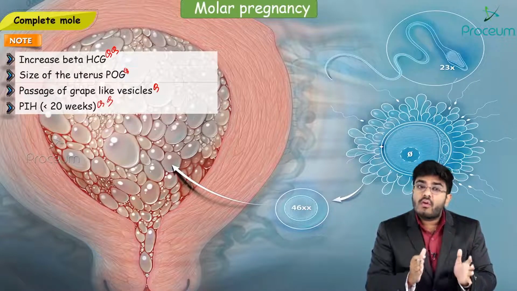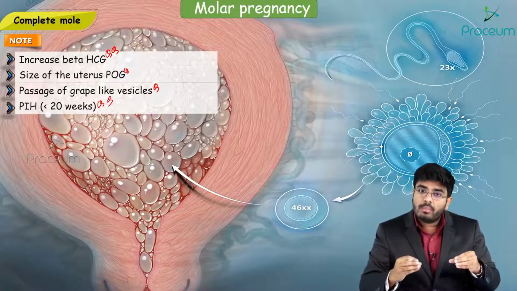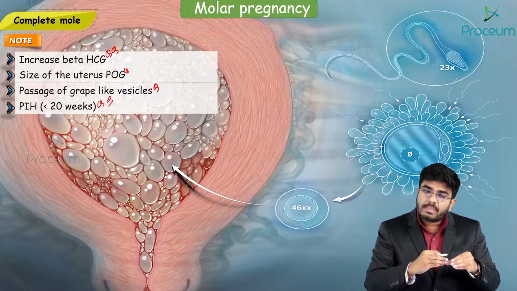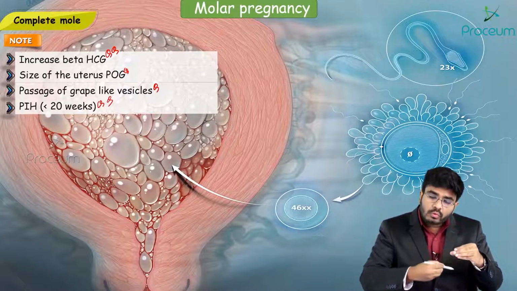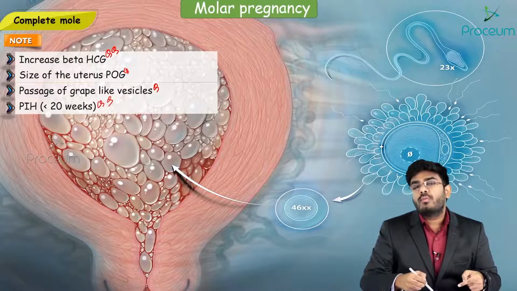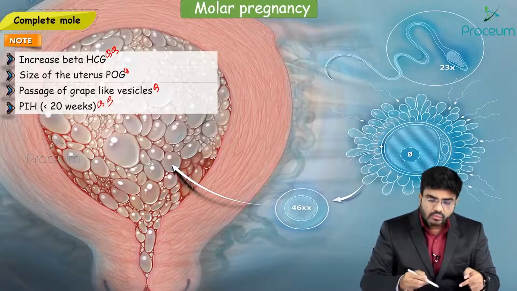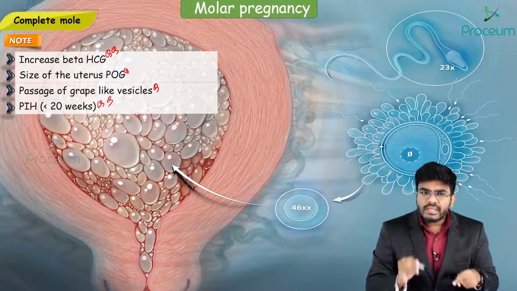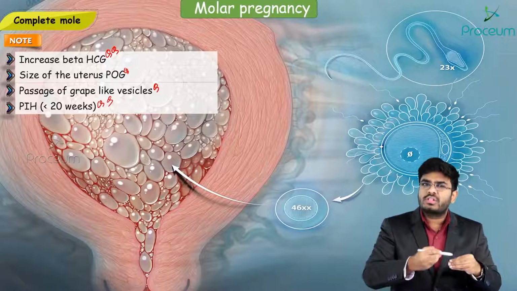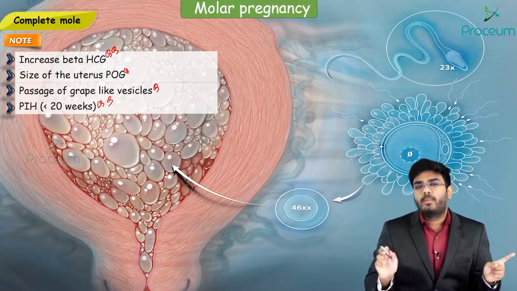Preeclampsia is because of abnormal vascular remodeling. The cytotrophoblast should go into the maternal spiral arterioles and do the vascular remodeling. That's the function of trophoblast. Here, the trophoblast is crazy, madly proliferating. Do you think this crazy trophoblast will do its normal physiological vascular remodeling? No, it's not going to do.